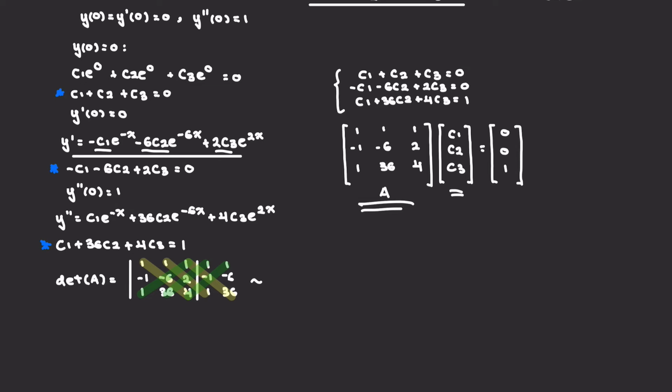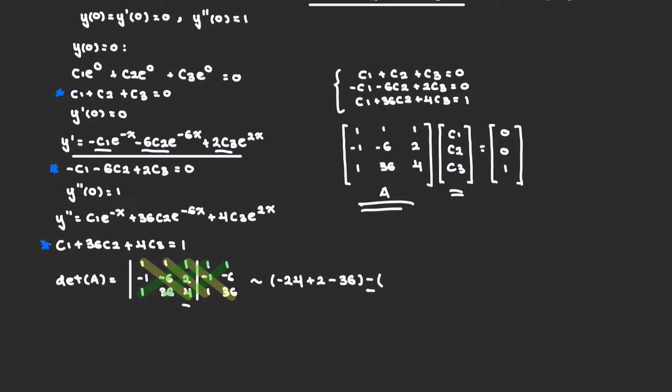So 1 multiplied by -6 multiplied by 4 is going to be -24. And then 1 times 2 times 1 is just 2. And then -1 times 1 times -1 is -1, and -1 times 36 is just -36. And then minus everything in the bracket. And this is why I put the negative sign outside, because we want to put the negative sign every time we multiply diagonally from the top right hand side to the bottom left.